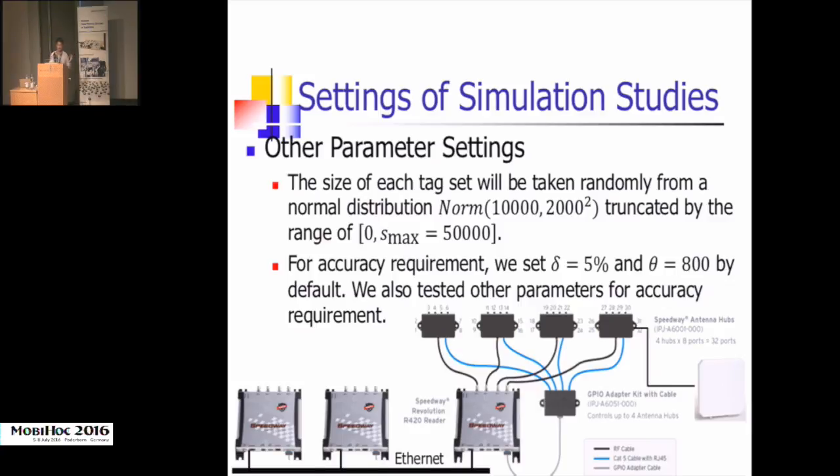They can cover a huge area in a warehouse. So we assume each tag set's size is taken randomly from a normal distribution, with the average value being 10,000 and its variance 2,000, and it's truncated by the range between 0 and S max. And this is for the accuracy requirement.